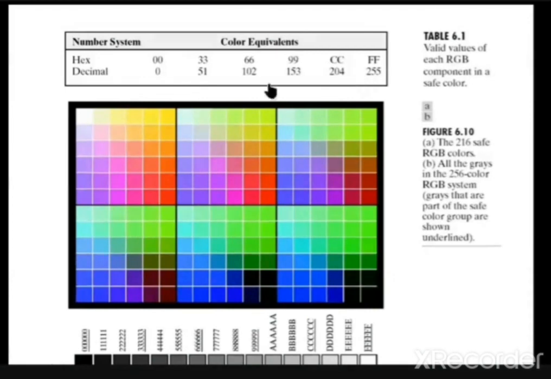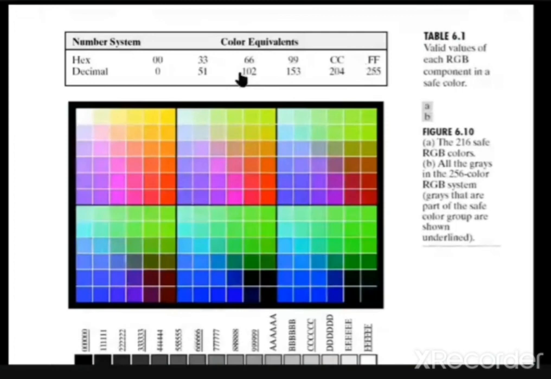The 6 different values you must mention in the answer are 0, 51, 102, 153, 204, and 255. If you observe, it is very simple: there is a difference of 51 between each of these values.